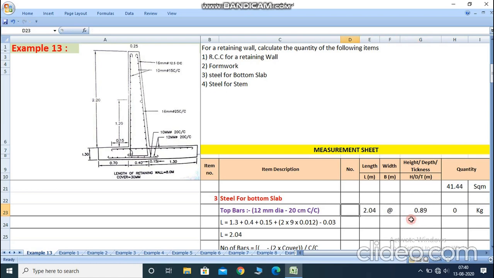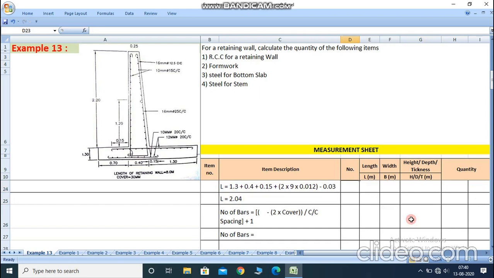And next we find out the total number of bars required. The total length of the retaining wall is 8 meter. So the total number of bars is equal to the length minus 2 times cover, since cover is provided at both sides. The cover is 30 mm, meaning 3 centimeter, so 0.03, divided by the center to center spacing of the bar, already given in the figure as 20 centimeter, converted to meter 0.20, plus 1.